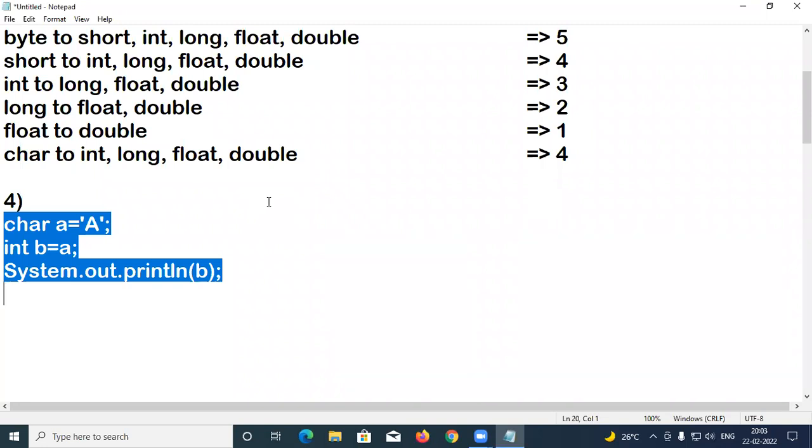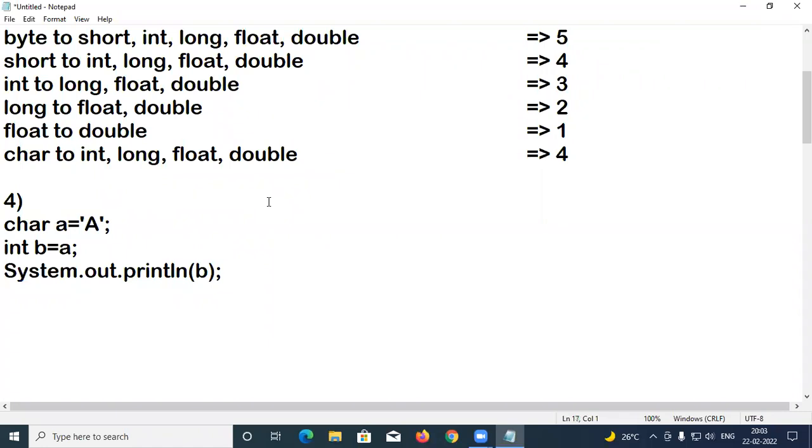Now, one minute. How many people answer valid? Just raise your hand. How many people answer not valid?